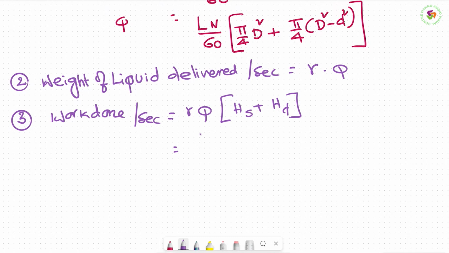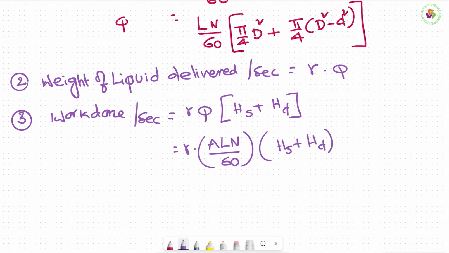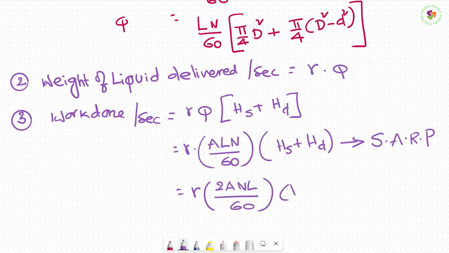If you want to write the equation, it is gamma into ALN by 60 into (HS plus HD) in the case of a single acting reciprocating pump. And in the double acting reciprocating pump, gamma into 2ALN by 60 into (HS plus HD).